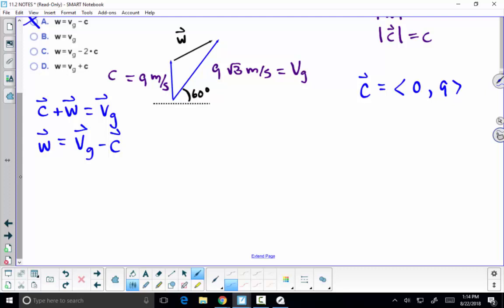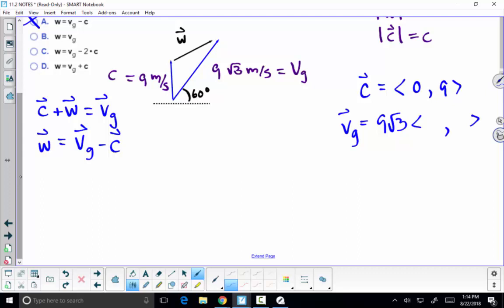Simple enough. Okay, now the more complicated one, we have to do this process of scaling a unit vector. We know the magnitude of the vector is 9√3. We know the direction is at 60 degrees. So what we want to do is form a unit vector that points at 60 degrees and then scale it by 9√3. So we're going to call V sub G as a vector 9√3 multiplied by the unit vector that points in the angle of 60 degrees.